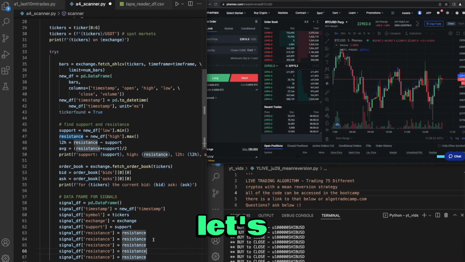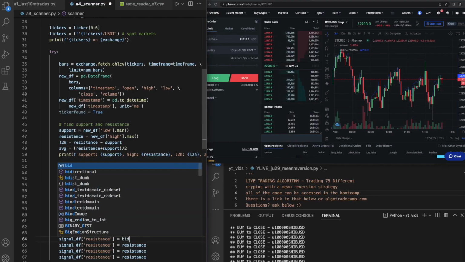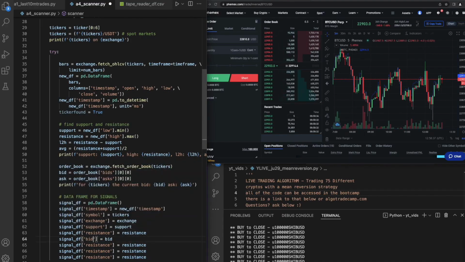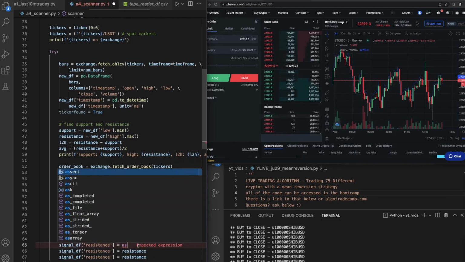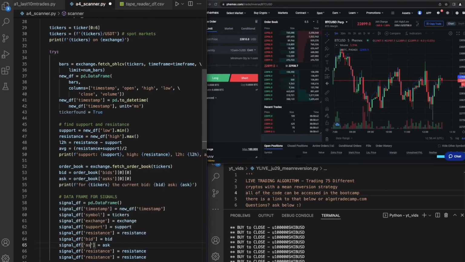So let's change this one to bid. Let's change this one to ask. Let's change this break, let's call it breakout, and this one we'll say breakdown.